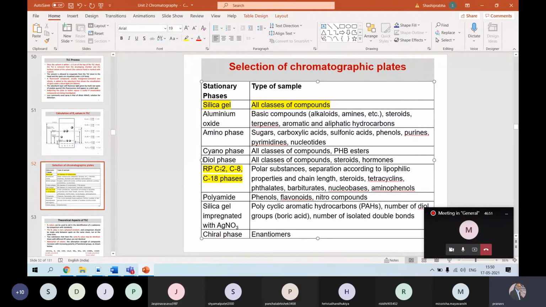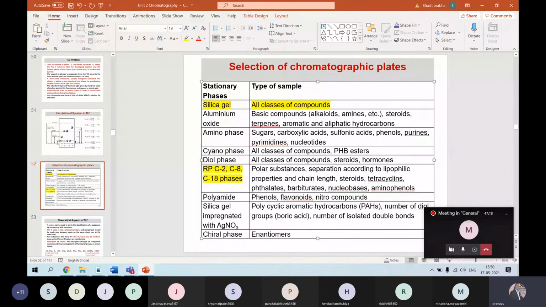C2 means a 2 carbon chain, C8 means 8 carbons and C18 means 18 carbons, which are being used for these compounds. Because highly polar compounds might simply stick on the silica gel. So in those cases, one can use reverse phase columns as well.